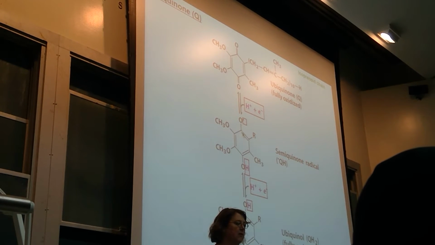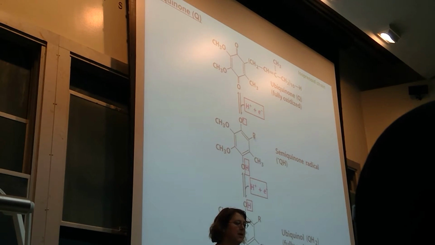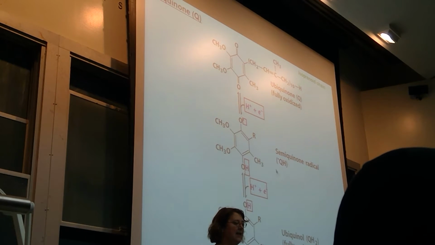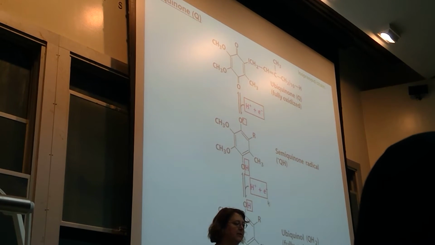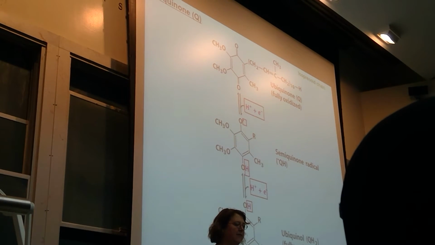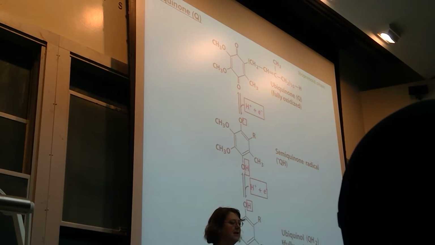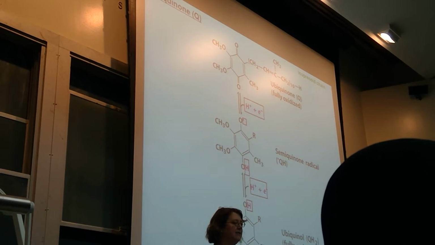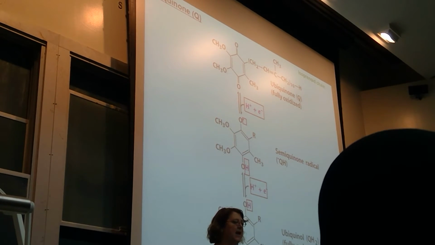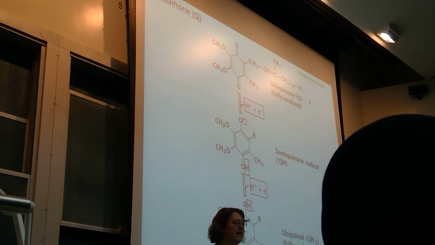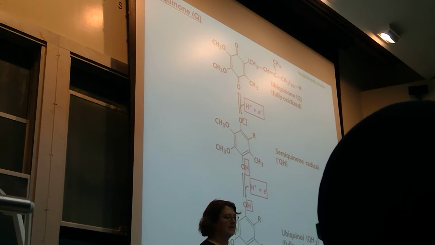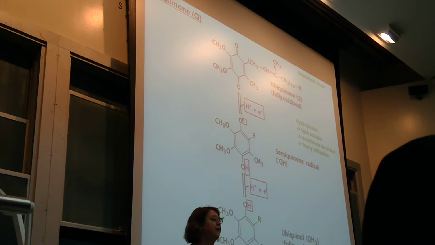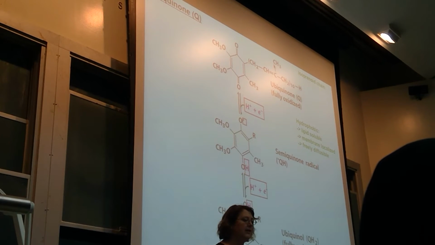If you have one electron, you have the semiquinone radical, QH. And if you have it fully reduced with 2 electrons, you have QH2, the fully reduced OH form. So 1 electron, 2 electrons. And then this is the isoprenoid chain, just to point it out. There are a lot of important features of this molecule.